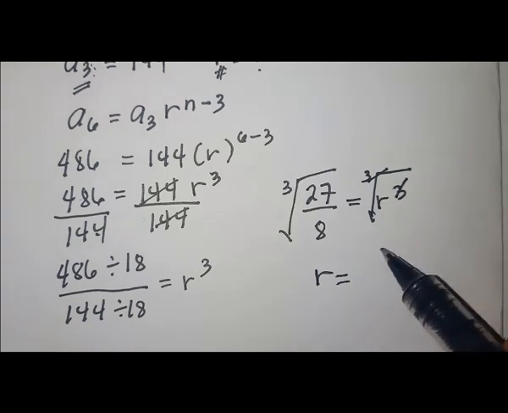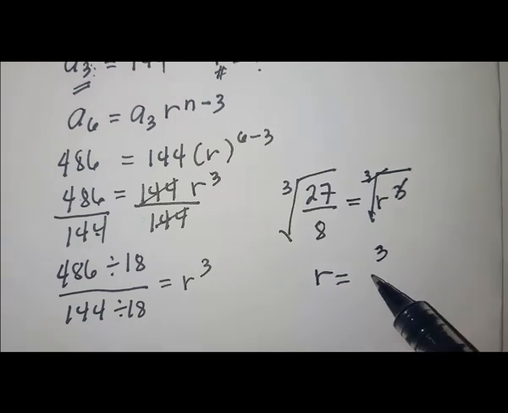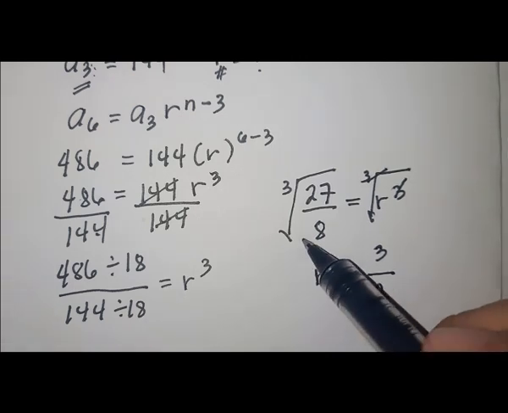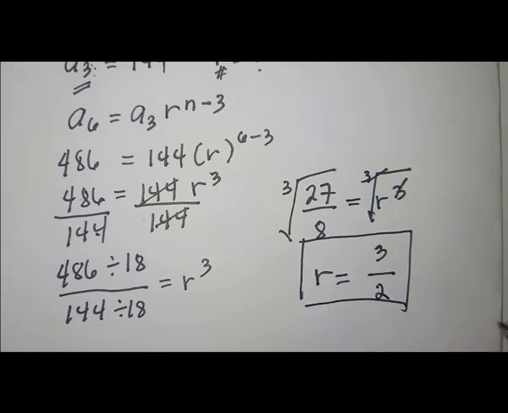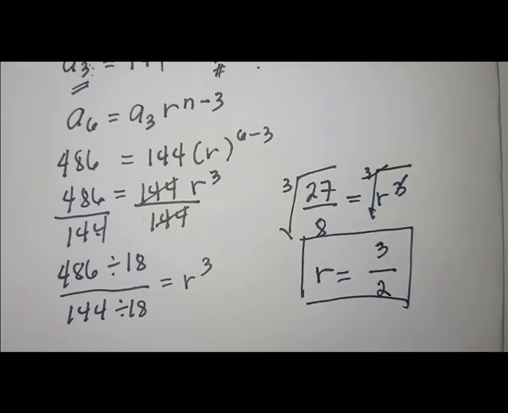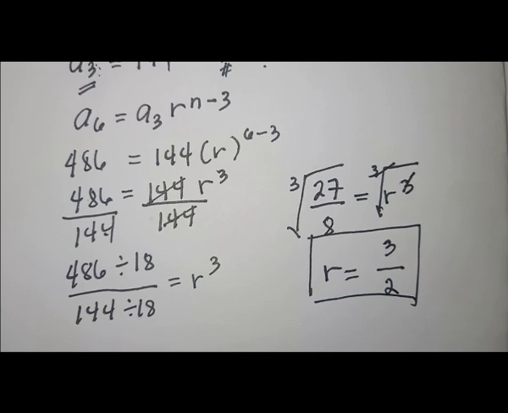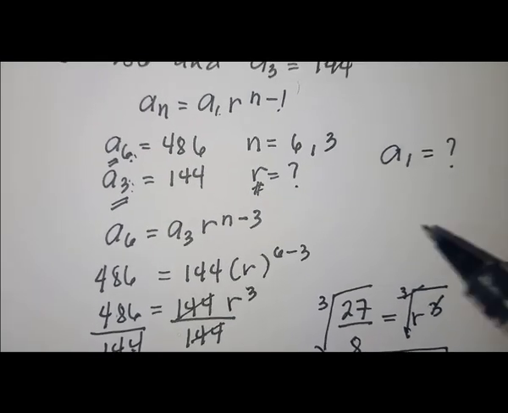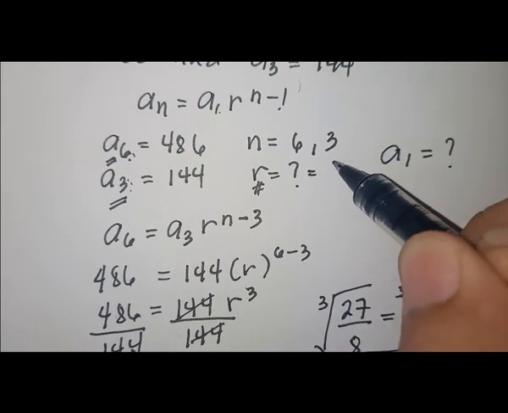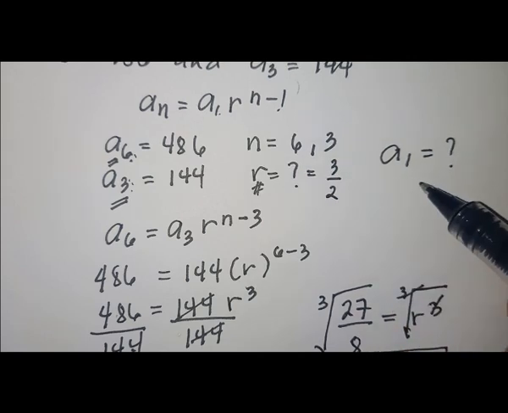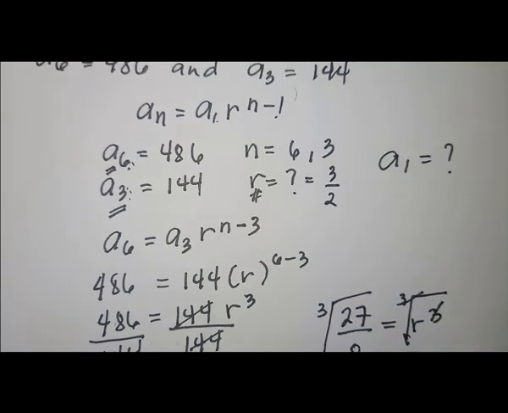So, ang cube root ng 27 ay 3. How about cube root ng 8? Okay, we have 2. It means the common ratio from the given is 3 over 2.